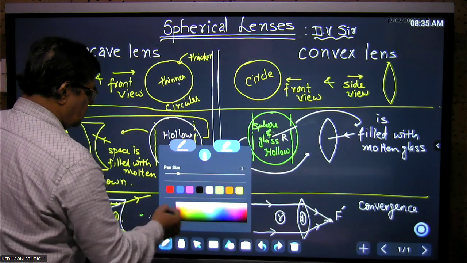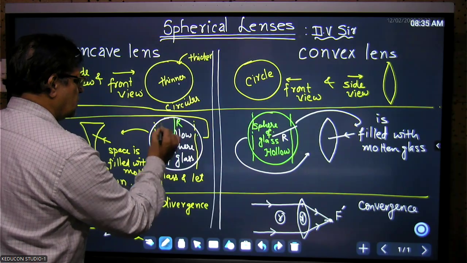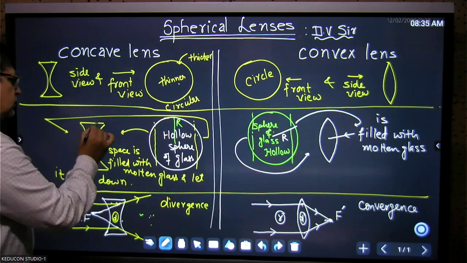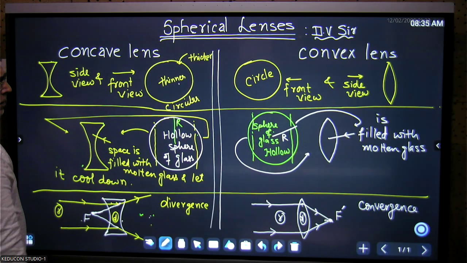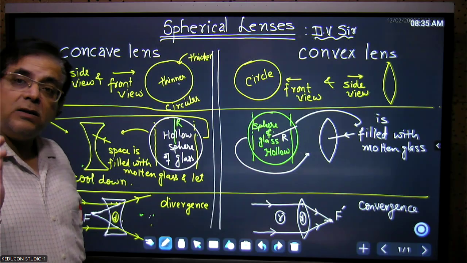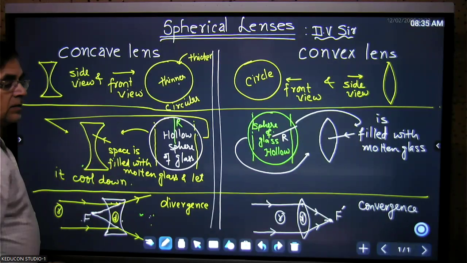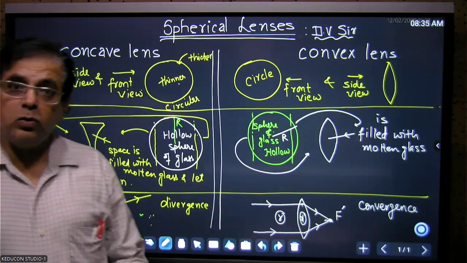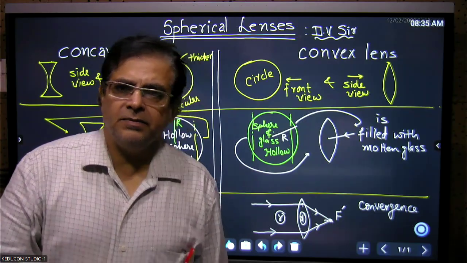What is the radius of curvature? It is the radius of the sphere from which these two parts are cut and joined. So the left part as well as the right part both have the same radius of curvature. But as per our need in optics, the left and right parts can be taken from two different glass spheres of two different radii.